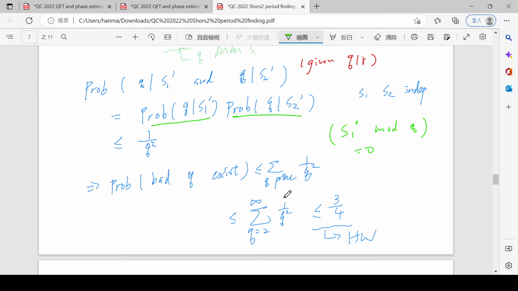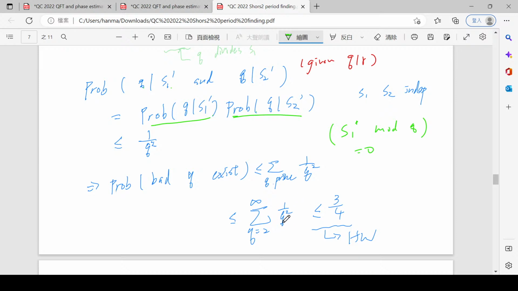Anyway, we really only want a constant probability, so we are doing a very bad estimation here. Because primes start from 2, we can sum Q from 2 to infinity of 1 over Q squared. And the last step you can show in the homework.